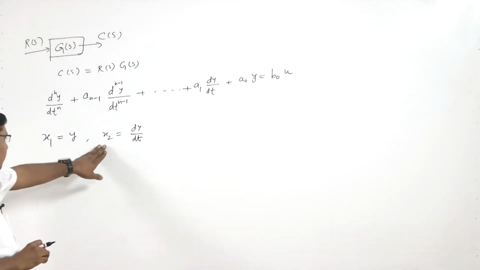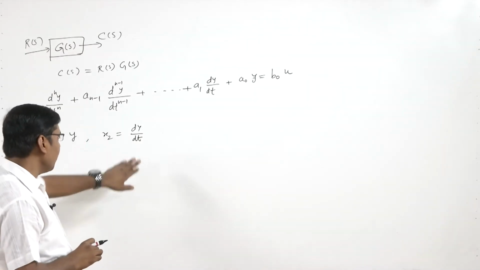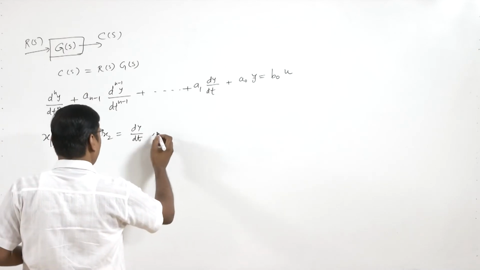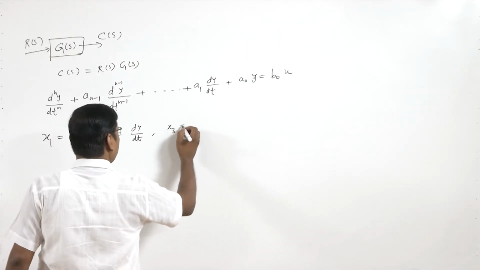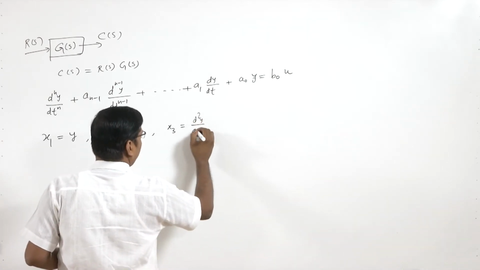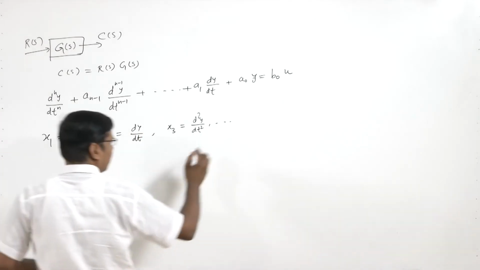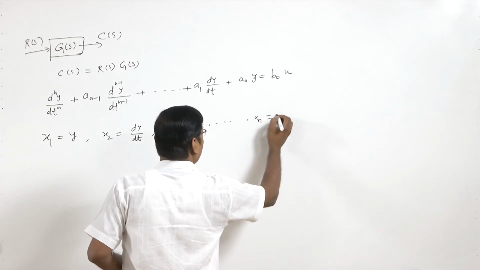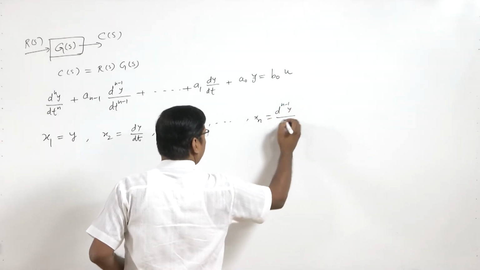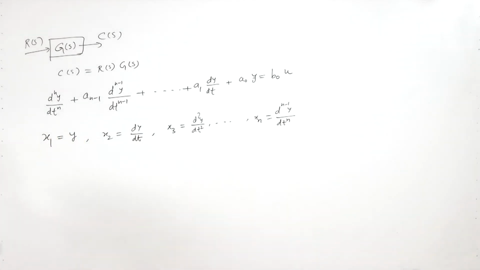Each subsequent variable is the derivative of the previous variable, and so this is called a phase variable. So x3 equal to d square y by dt square, and so on, xn equal to d^(n-1) y by dt^(n-1). These x1, x2, x3, xn are the state variables or phase variables.